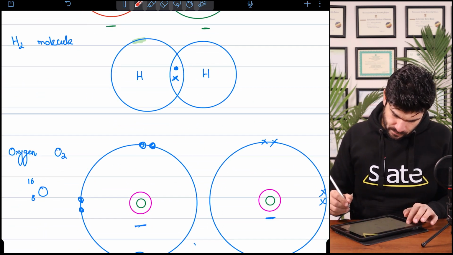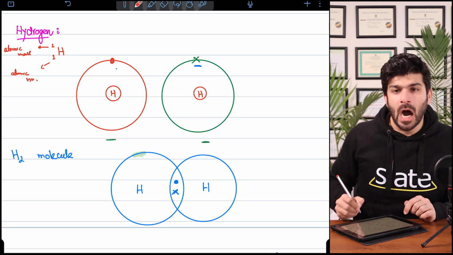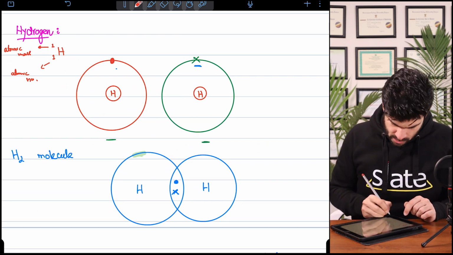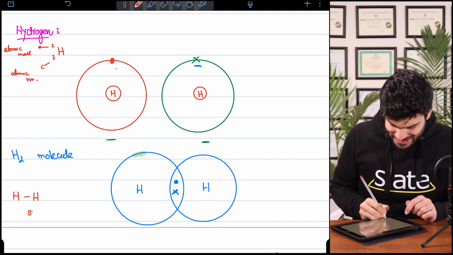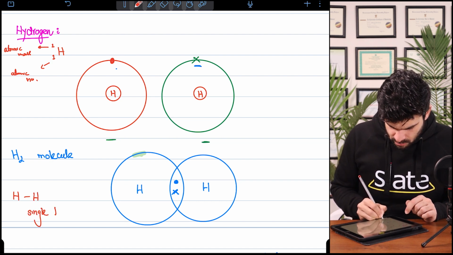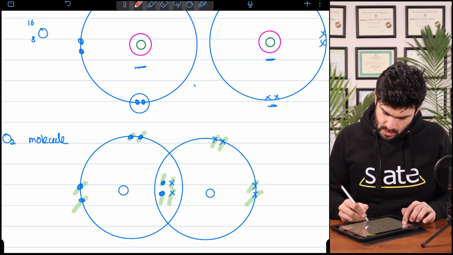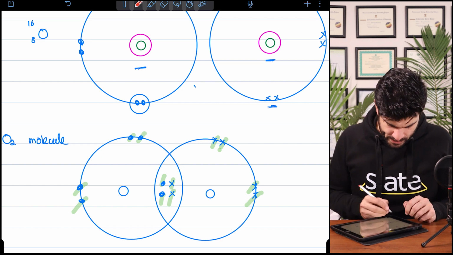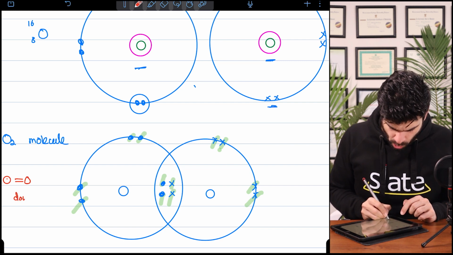So, for hydrogen, how many electron pairs are there? Just 1. So, hydrogen has a single bond. What about oxygen? Oxygen has 2 electron pairs. So, double bond.